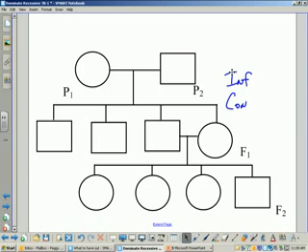Now let's read our second part of step 1. Assign a capital letter. Whoa, that's weak. Let's start over, everybody. Assign the capital letter to the dominant trait and the lowercase letter to the recessive trait.